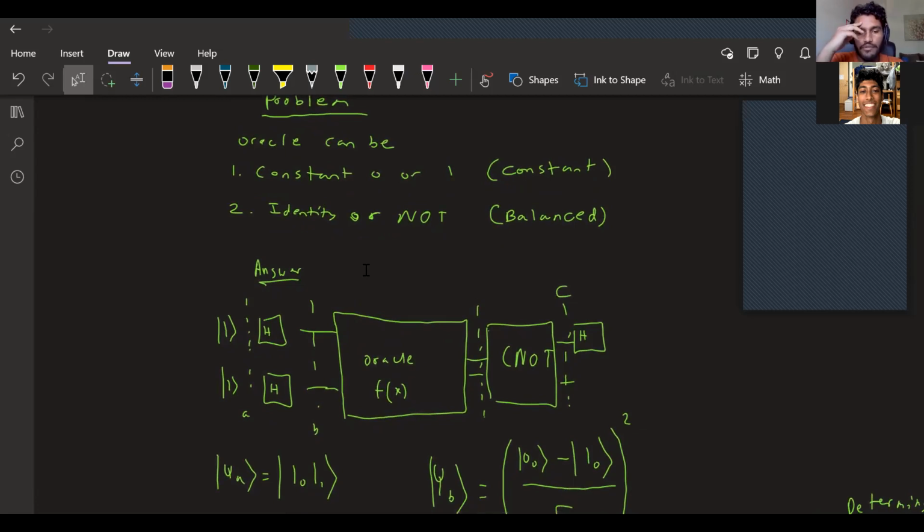You're drawing it for a 2 qubit system, right? So I think the first one needs to be initialized as 0, but the second one needs to be initialized as 1.